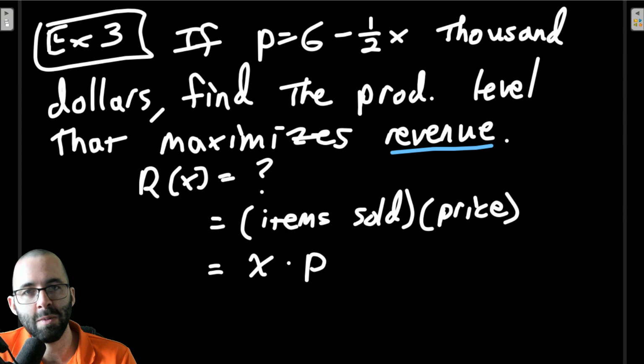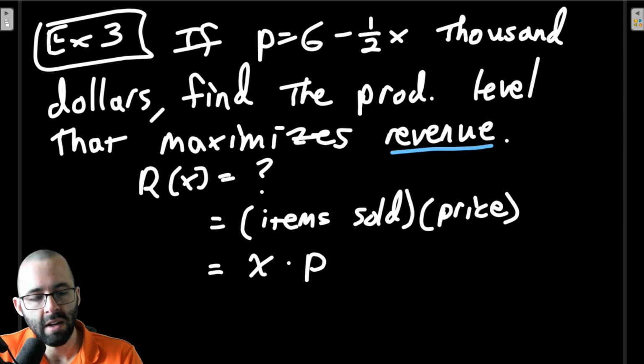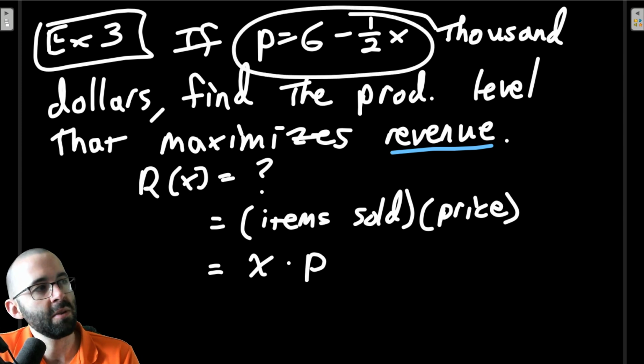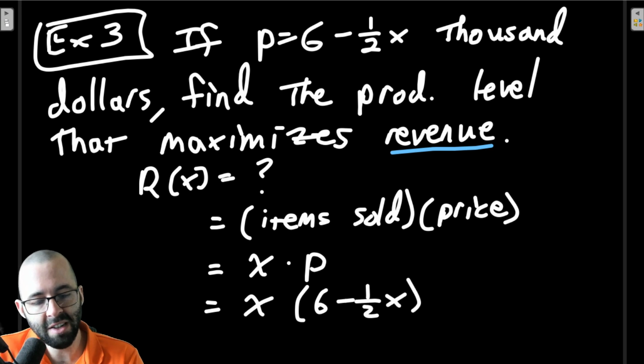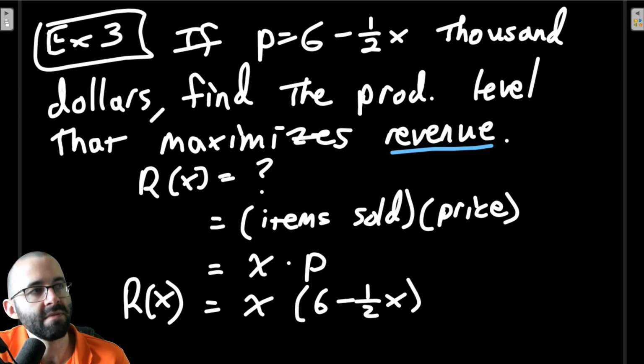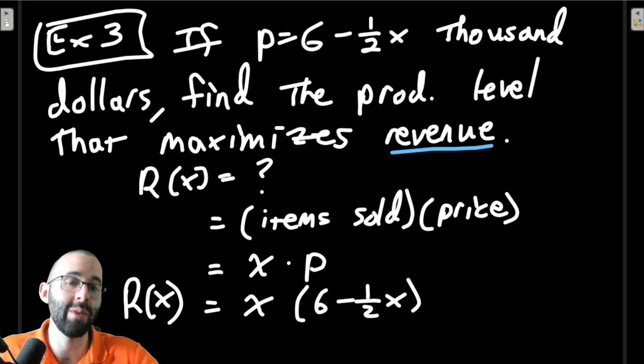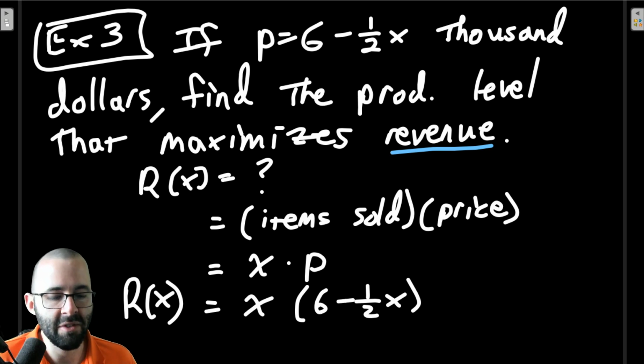Price is that variable P. So now, if price is equal to 6 minus 1/2 X, let's replace that. If things are equal, we just replace them: 6 minus 1/2 X. And we've got ourselves a revenue function. We want to maximize the revenue, and we can't maximize the revenue until we know our revenue. So now we have a function.